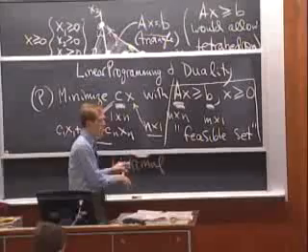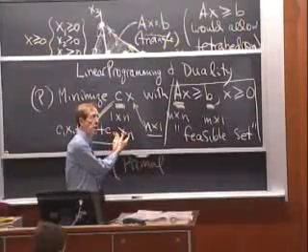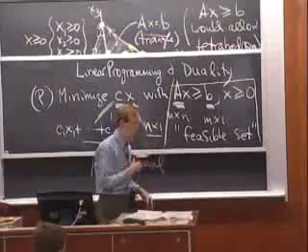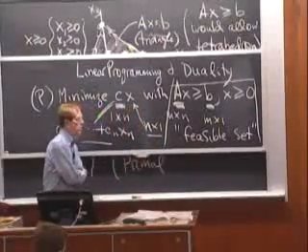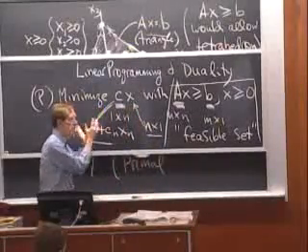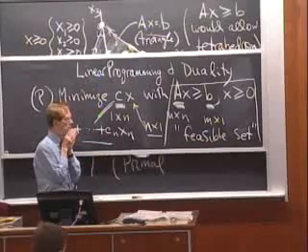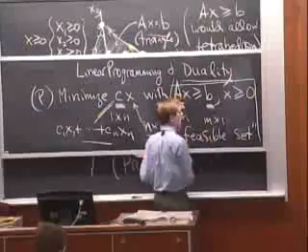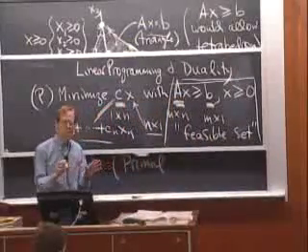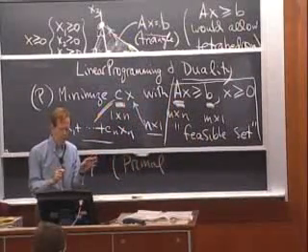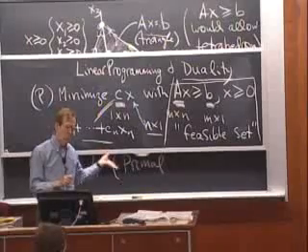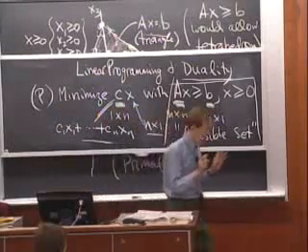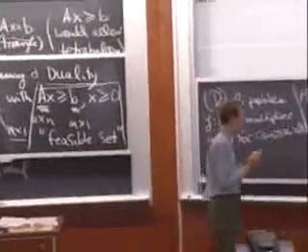But my picture was in the primal case, but there's a dual picture in the dual case. Okay. So we have a minimum problem and a maximum problem. And I'm using this word duality. Okay. So what I want to do is tell you, how do we recognize the winning corner in the primal problem? And it's beautiful.